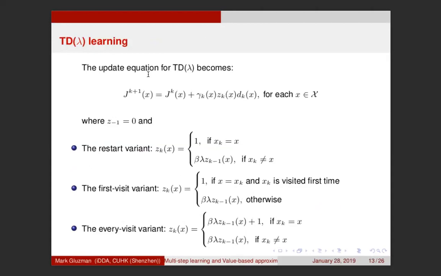In the previous slide there were 3 variants for how to calculate this term zkx. Once again I'm skipping the explanation; this is just the final equation for TD lambda updates.